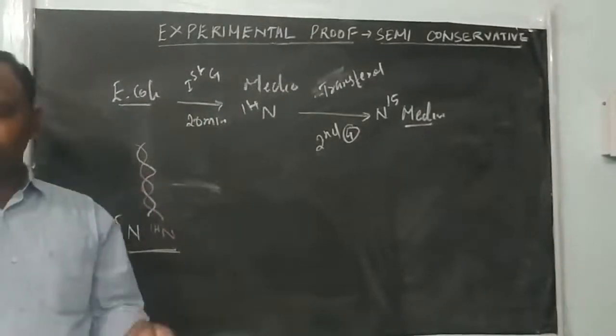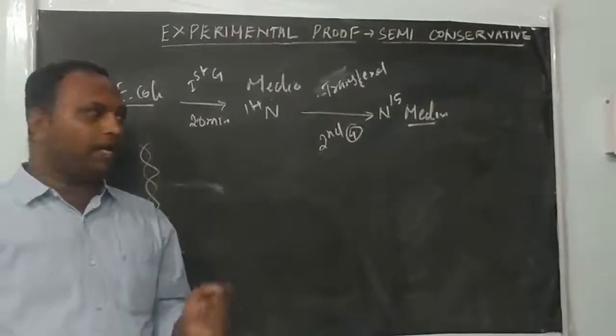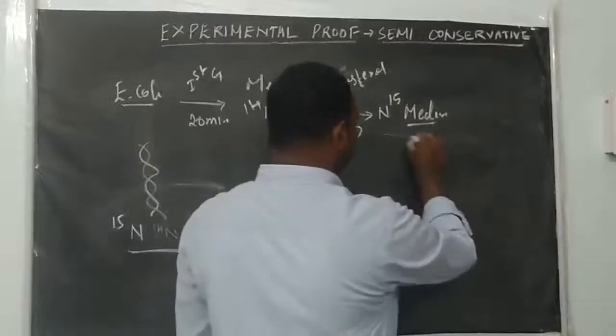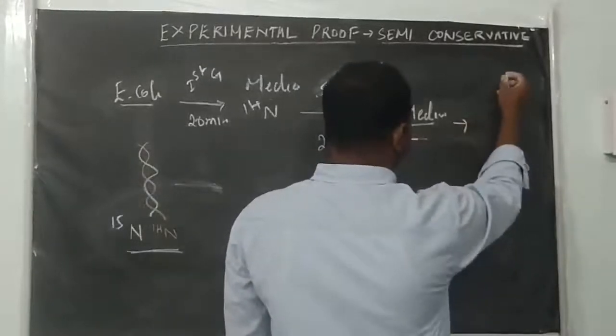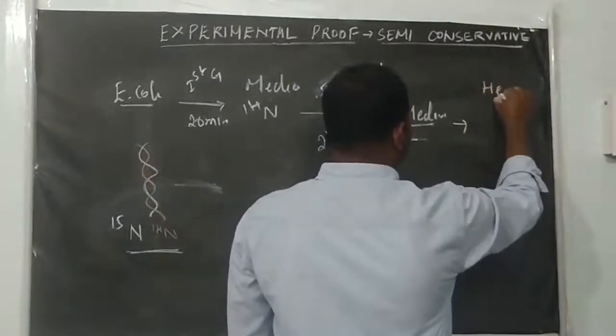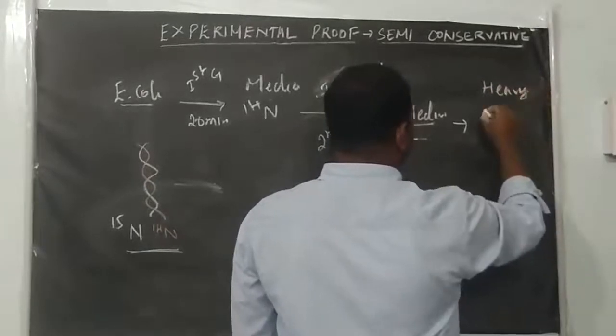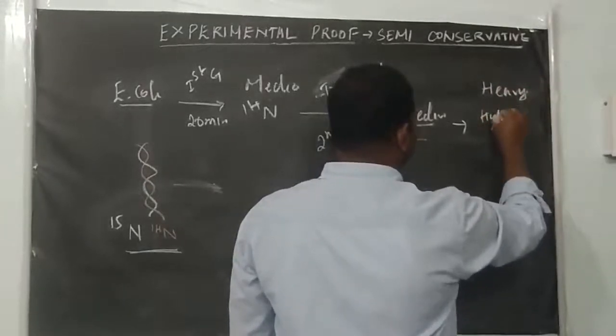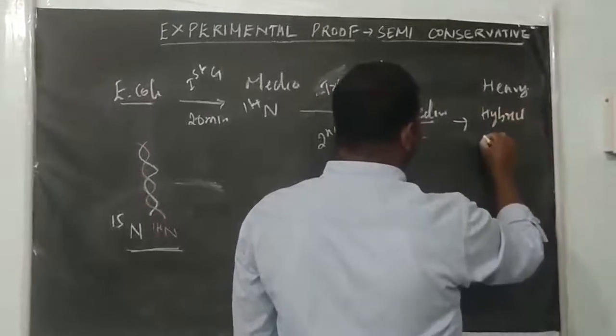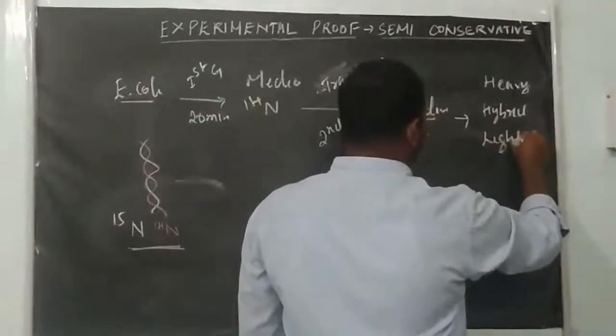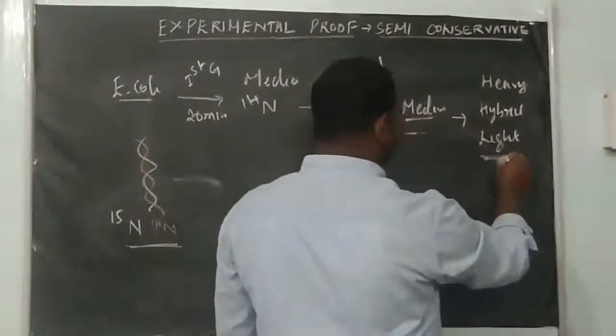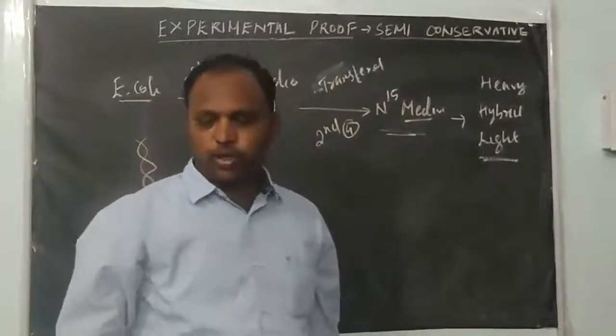Then what is the proportion of light, heavy and hybrid DNA? After completing the second generation, we are asking what is the proportion of heavy, hybrid and light DNA molecules. This is the question. I'll read the question one more time.